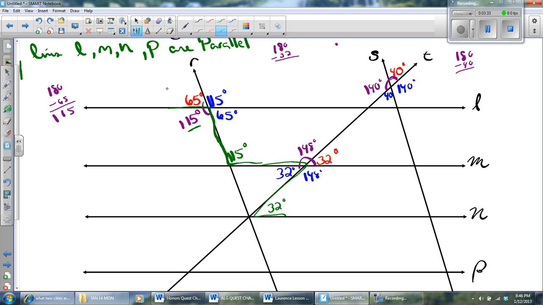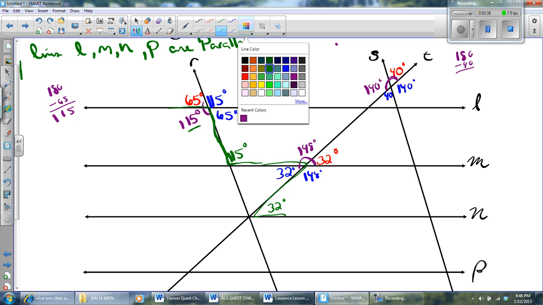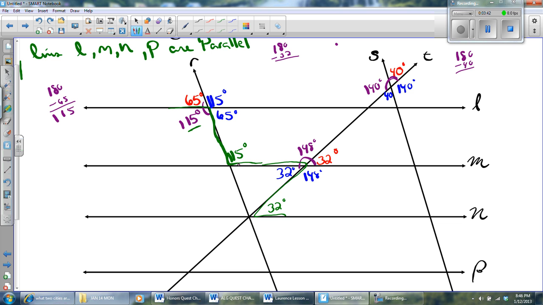Okay, let me do a couple more supplementary angles now. So this one here must be 65 because 115 and 65 make 180. Now I'm not going to do a supplementary angle here because I would need three to figure out 180 and I only know one of them.